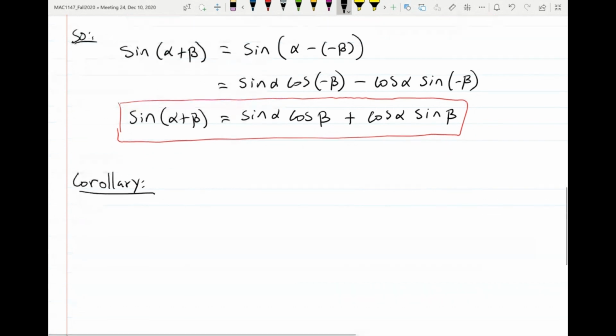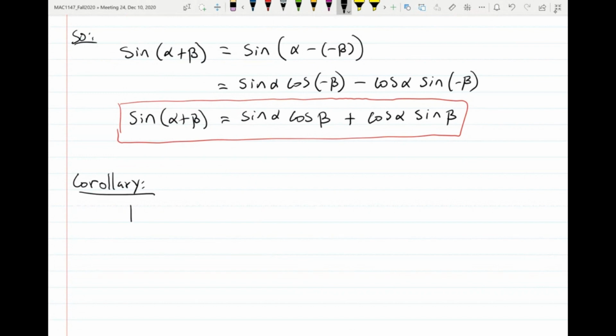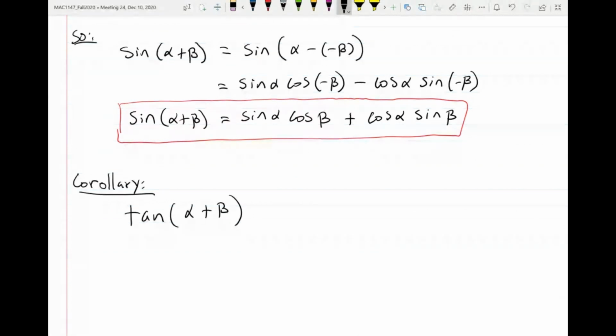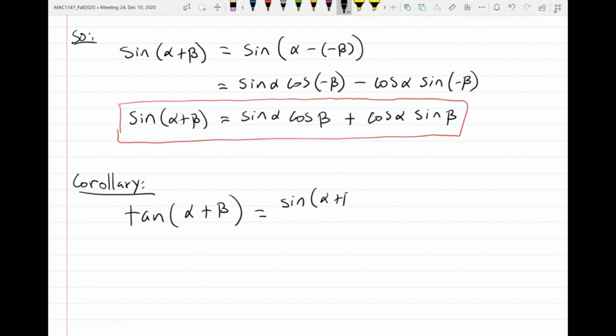Corollary, we can say something about tangent, right? So let's figure out what is tangent of alpha plus beta. Okay, so again, if we want to come up with a formula for tangent of the sum of two angles, what can we do? Just write tangent as sine over cosine. So that would be sine of alpha plus beta over cosine of alpha plus beta.